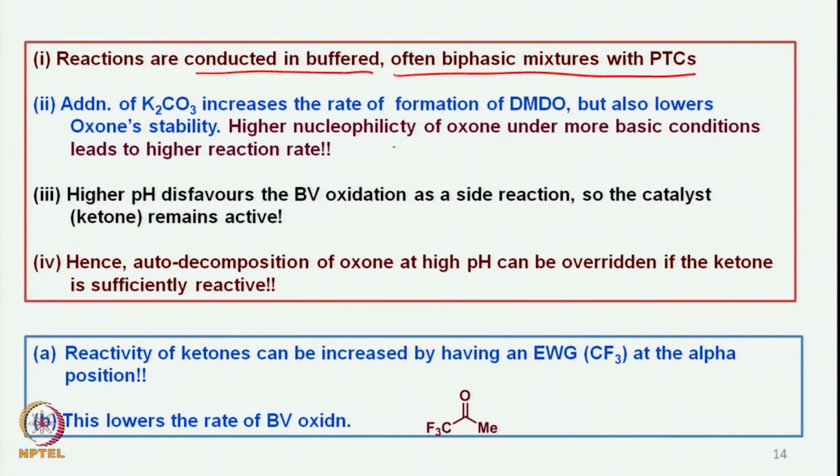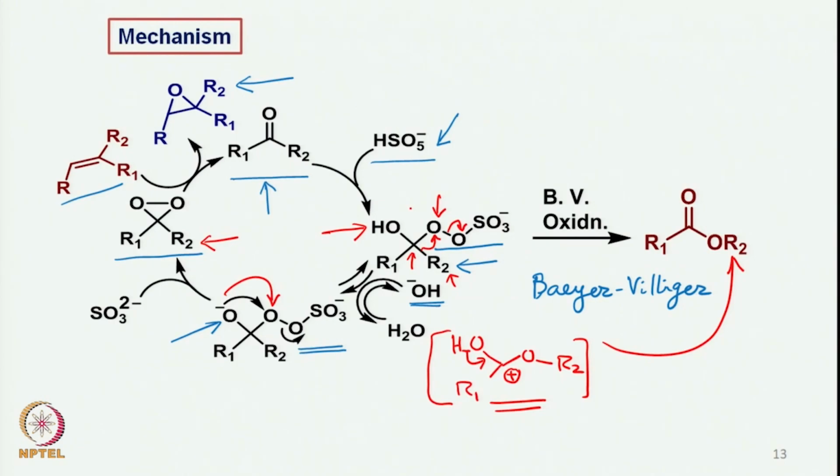Obviously, it is very clear that the oxone's nucleophilicity is high because of the deprotonation of the proton under basic conditions, and that leads to higher reaction rate also. But at the same time, higher pH disfavors the Baeyer-Villiger oxidation as the side reaction. As we discussed, we can go back to the last slide, this Baeyer-Villiger oxidation occurs by the loss of the sulphate moiety.